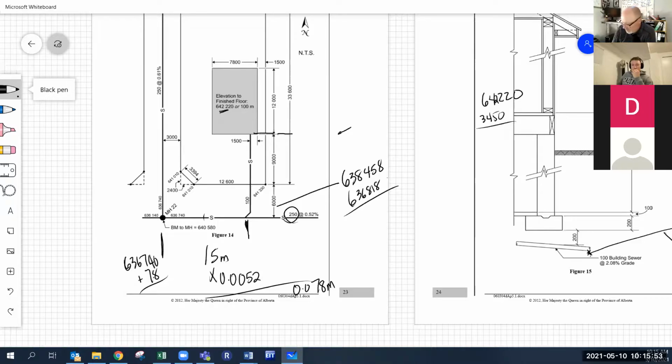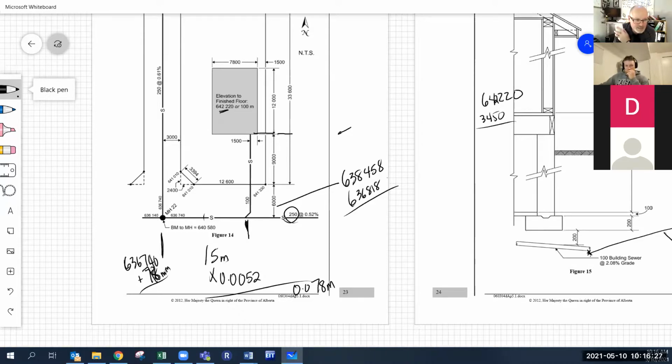So let me just go 636,740. We added that, so 15 times 0.0052 times 1,078. There it is, plus 636,740. There is the number. So this should be 78 mils.